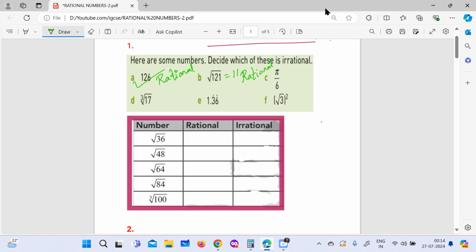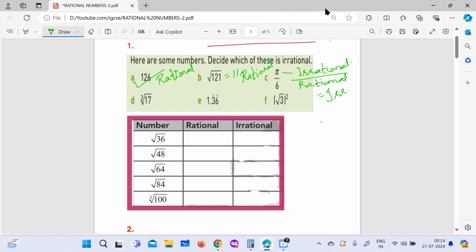Now you have another number, pi over 6. We already know that pi is an irrational number. So when an irrational number is divided by a rational number, you get an irrational number as the result. So pi over 6 is irrational.